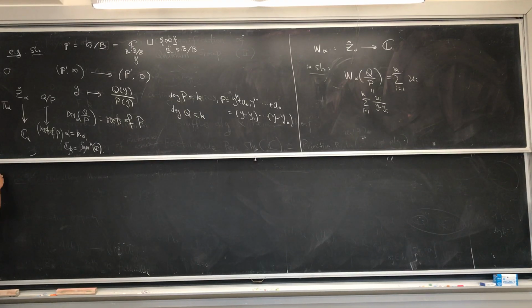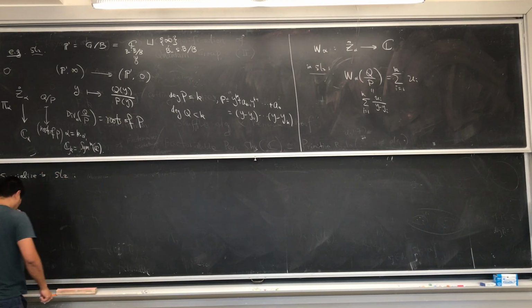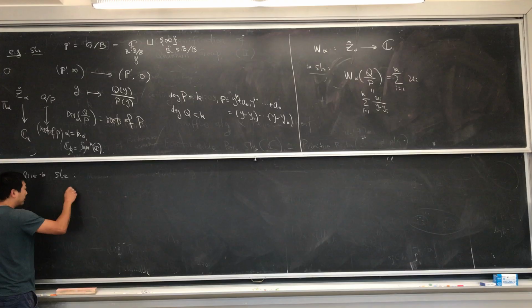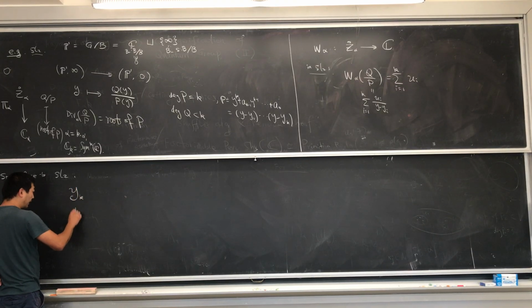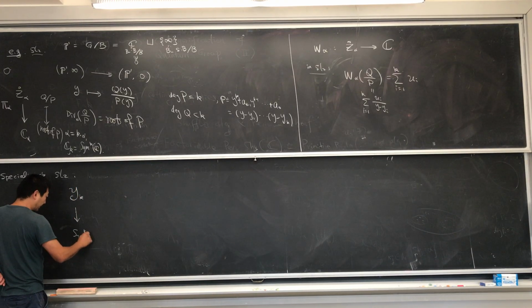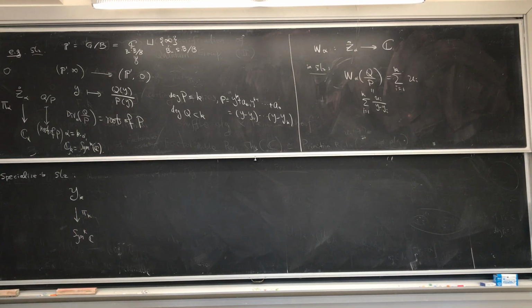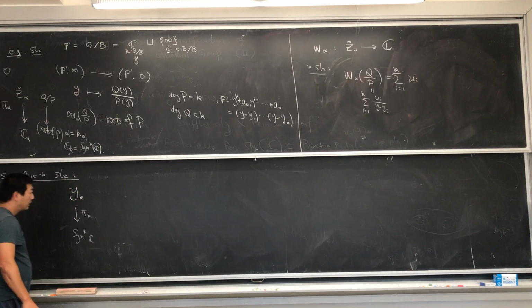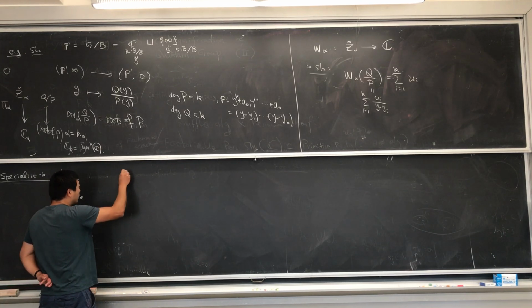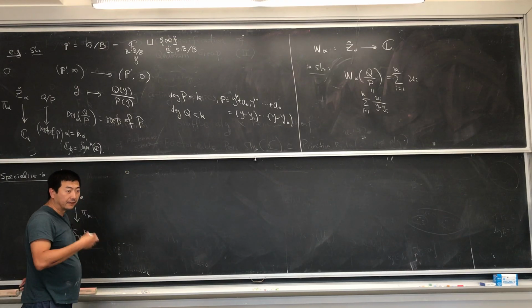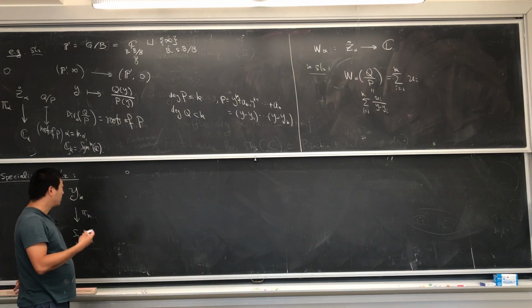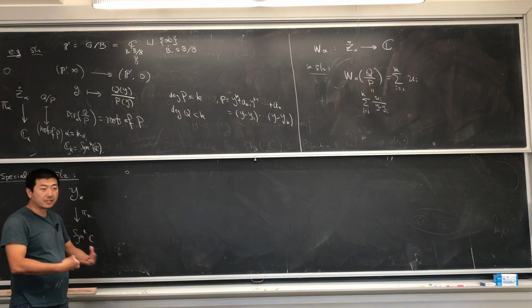So now let me specialize to SL2. So we have, let's call that y_k over some k in C. So our theory provides the following machinery that can assign certain inputs to a category.